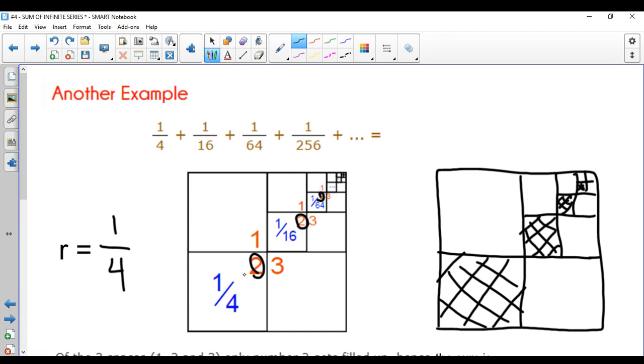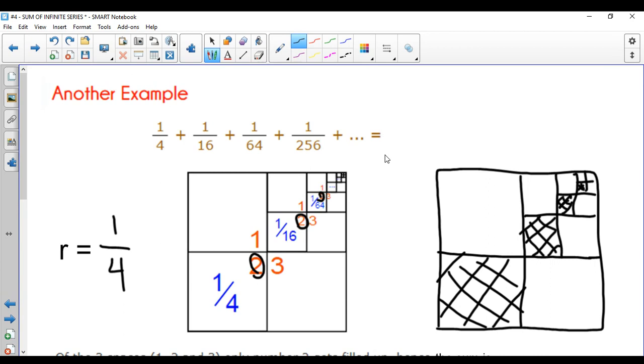Of those, only the number 2 spot is where I'm adding the part of the square that represents the term. So what do you think this is going to add up to? Or does it add up to anything if I keep taking only this spot right here as we do this continual process? Is there a value?